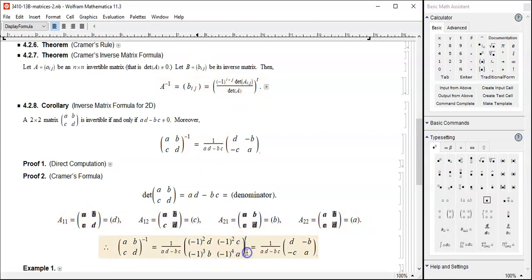And then in the end, take the transpose, so switch these two. And what's left is the inverse matrix formula. So it does follow from Cramer's rule.